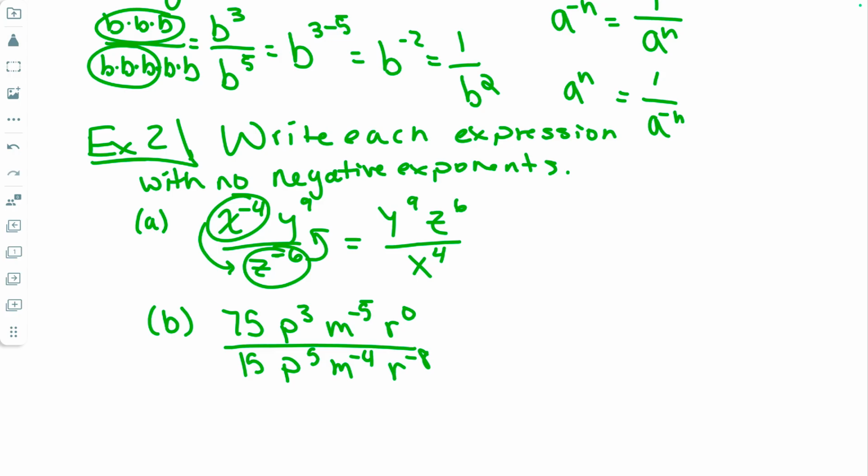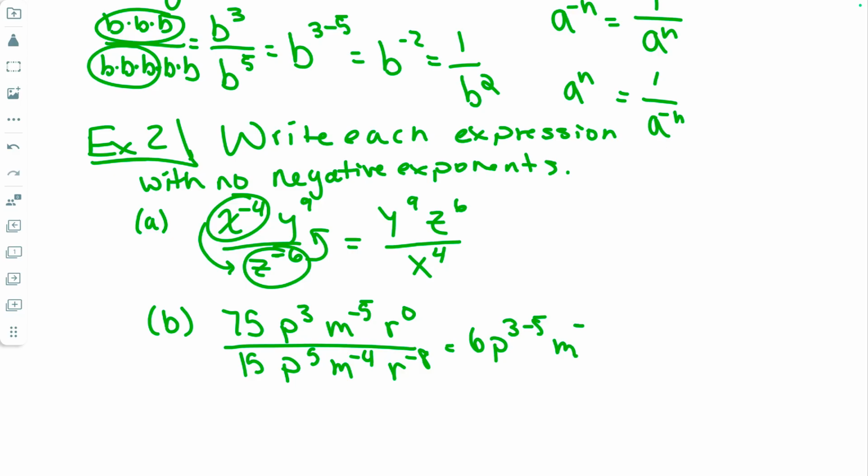What I want you to know is that the properties that we're seeing today, and even the properties from yesterday, they work with negative numbers. Okay? So, 15 goes into 75 6 times. But then I have p to the 3rd minus 5, because I'm doing 3 minus 5.